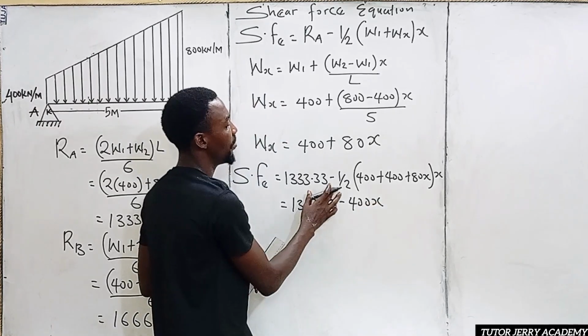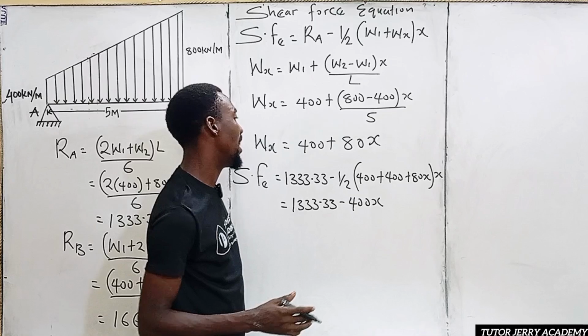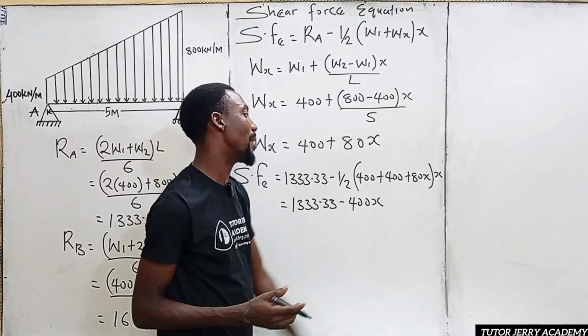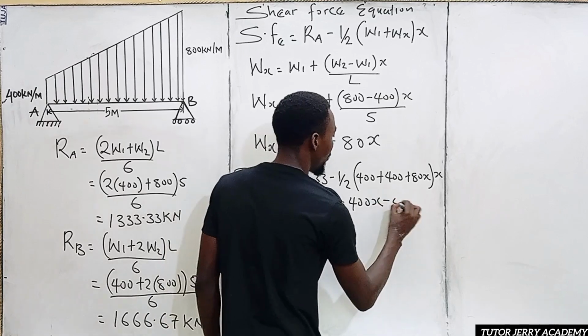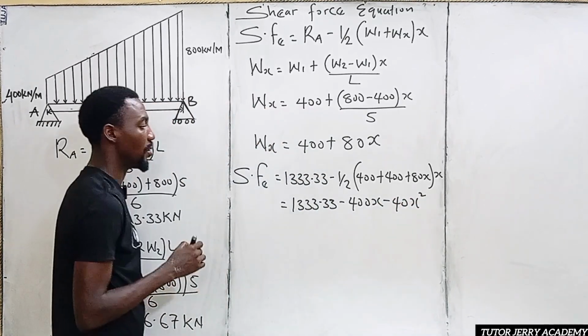Then minus half multiplied by 80S is minus 40S, and multiplied by S gives minus 40S squared. So this is our shear force equation.